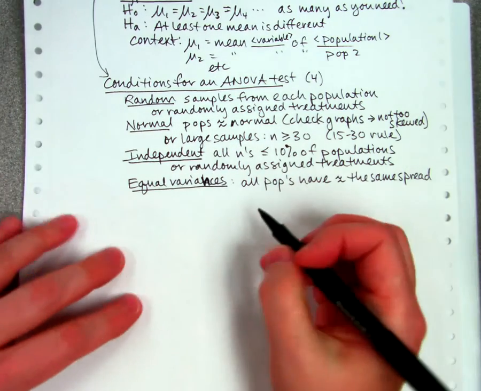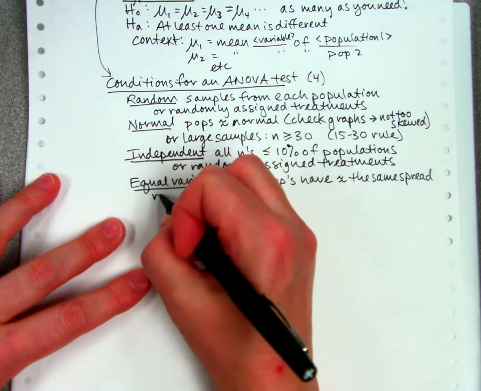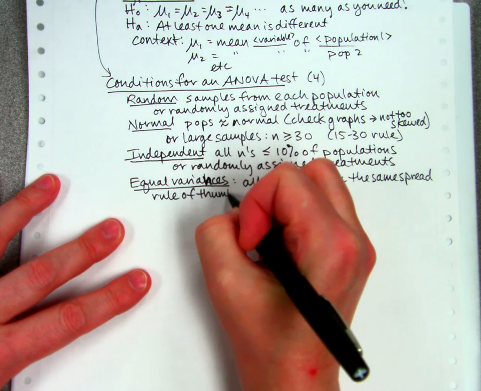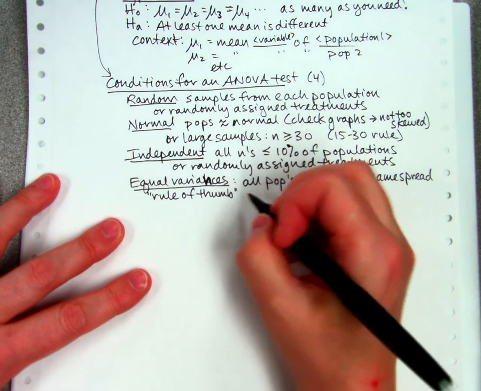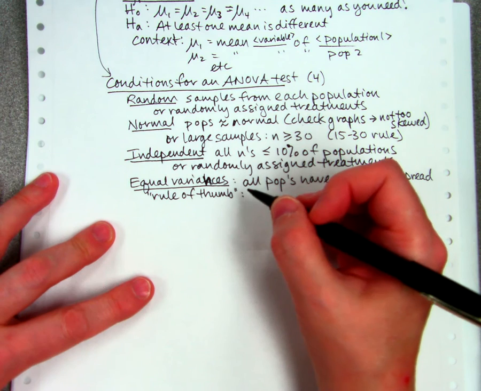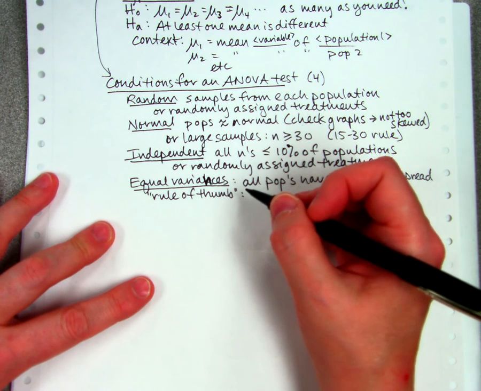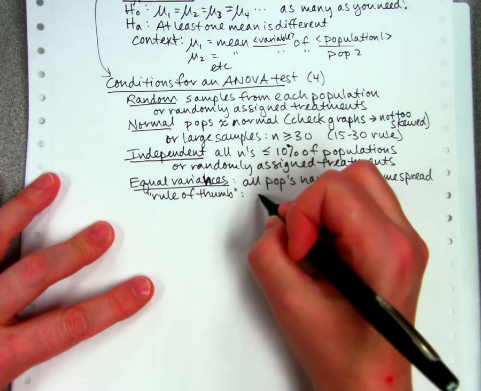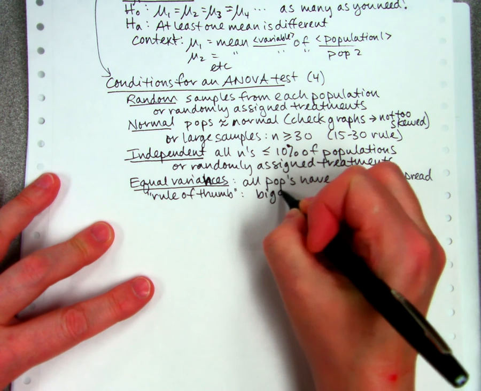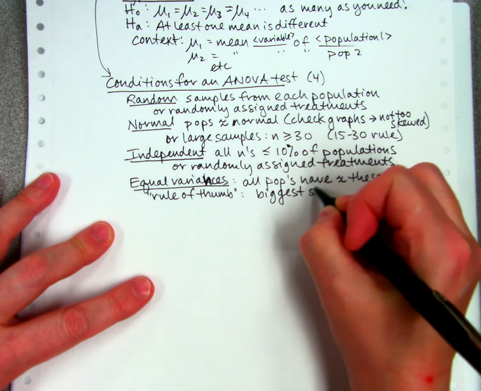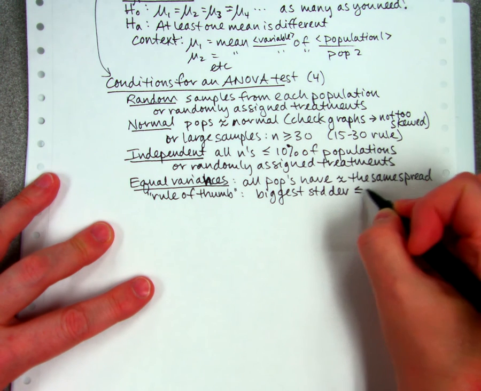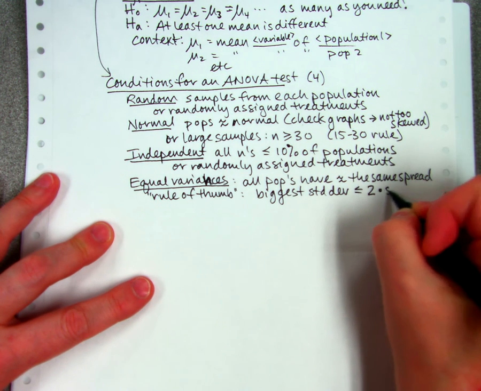Or there's another way, if you're not sure, there's a rule of thumb or just a general guideline that you check the biggest standard deviation and the smallest standard deviation, and those would be the sample ones because we don't know the populations. So the biggest standard deviation of a sample has to be less than twice as big as the smallest one.